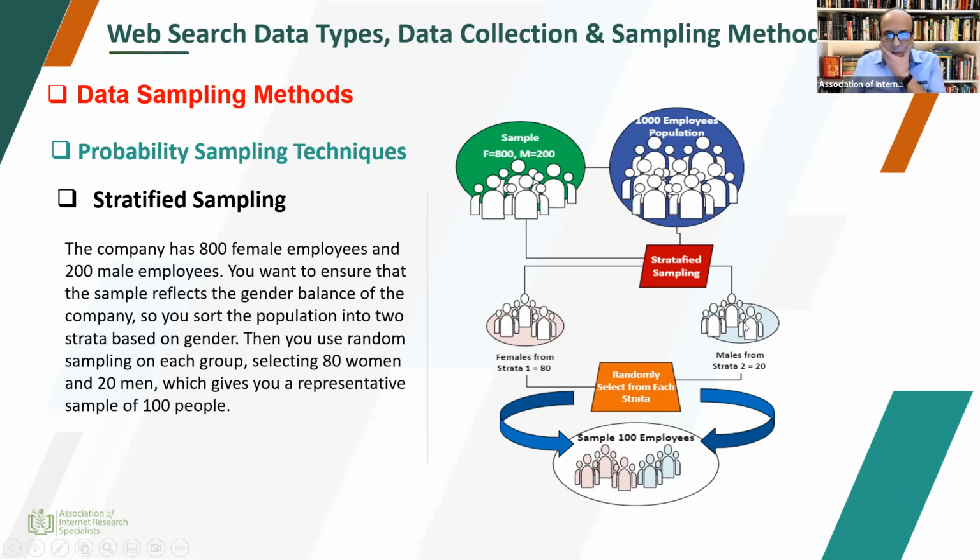Now, in these two strata or groups, we still have to randomize in order to make the final selection. But the basis of selection is 80 females and 20 males. When we combine them together, out of 100, we are going to randomize and pick and choose employees out of the sample of 100, for instance.